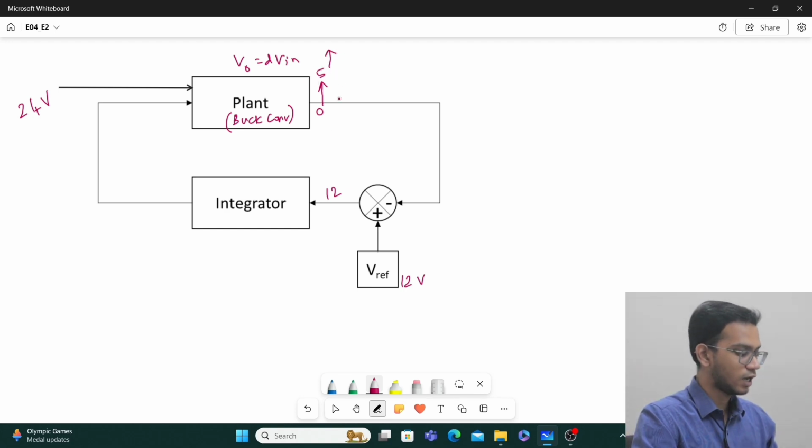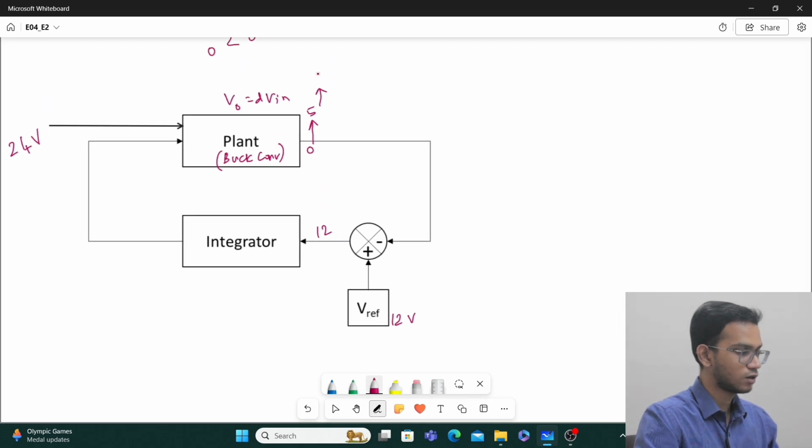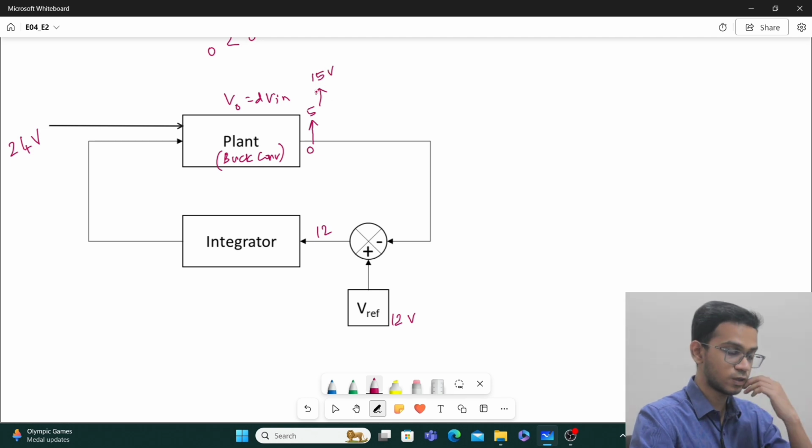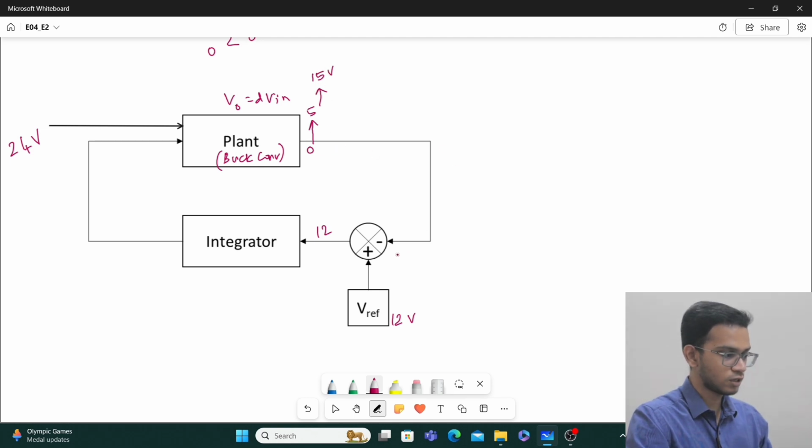It will go up to maybe 13 volt or 15 volt. It will go up to 15 volt, but the moment this becomes 15 volt, the 15 volt will come here. It is no longer 12, it's 15, sorry.